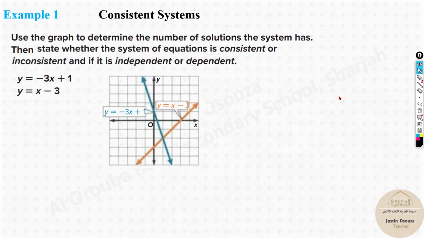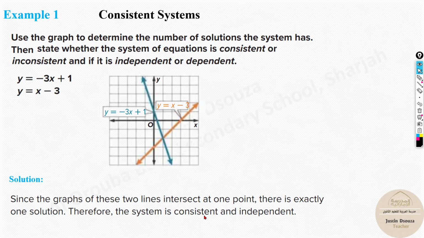Now we have over here graphs. They have given the equations. We need to tell whether it's consistent or inconsistent, and if it is consistent, whether it's dependent or independent. Look over here, this touches only at one point, so easily you can tell it is independent and consistent.